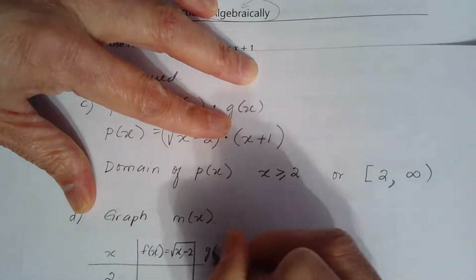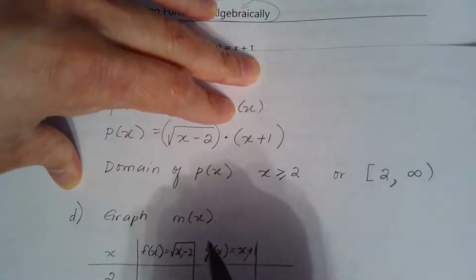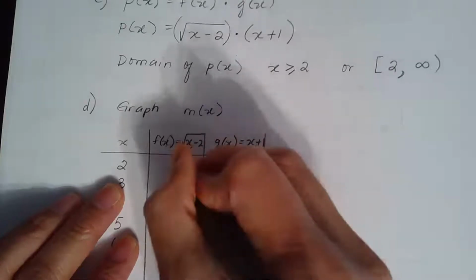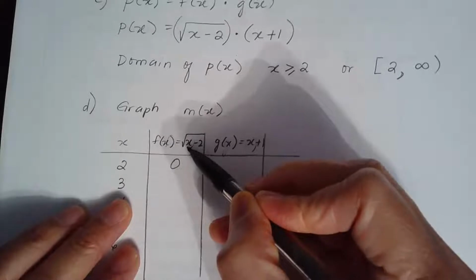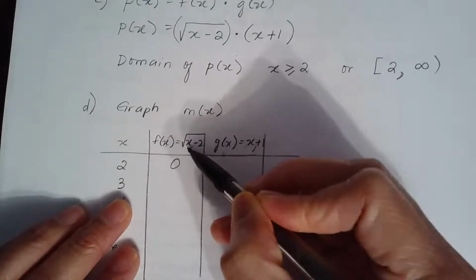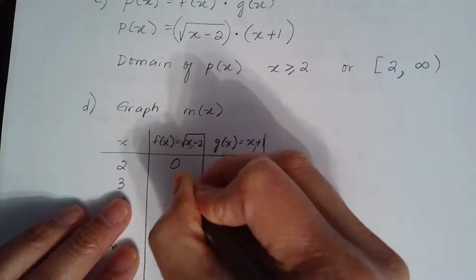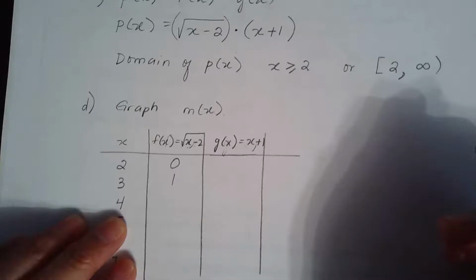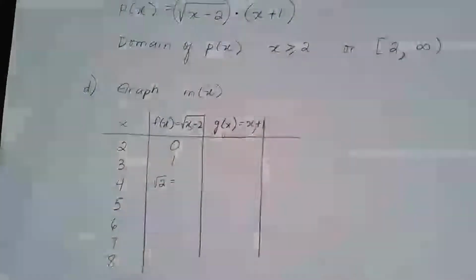And then g of x. Okay. So if it's 3, we're going to substitute 3 for x. So 3 minus 2 is 1, and square root of 1 is 1. Let's try 1 point something.